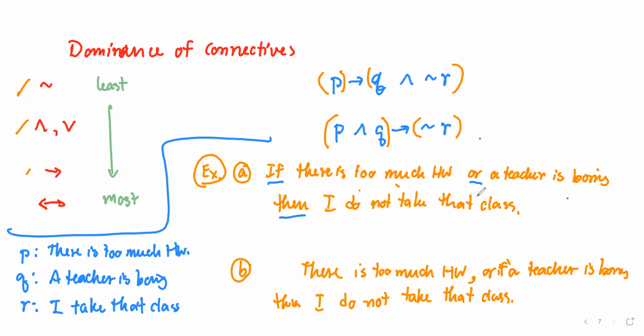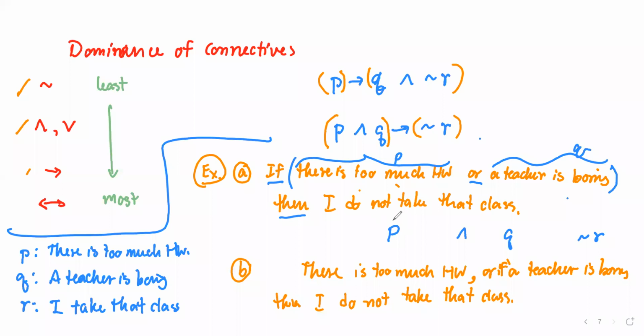The first one, too much homework, is the statement P. So we make a list here: P, the or, a teacher is boring, which is Q. Then I do not take that class, which is the negation of R. But as you see, the if then is bounding the statement that has the or in there.